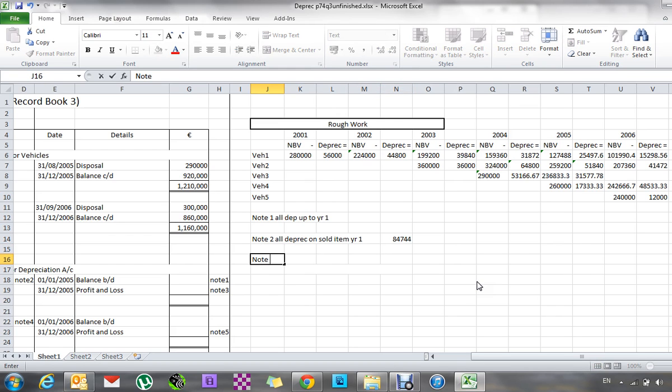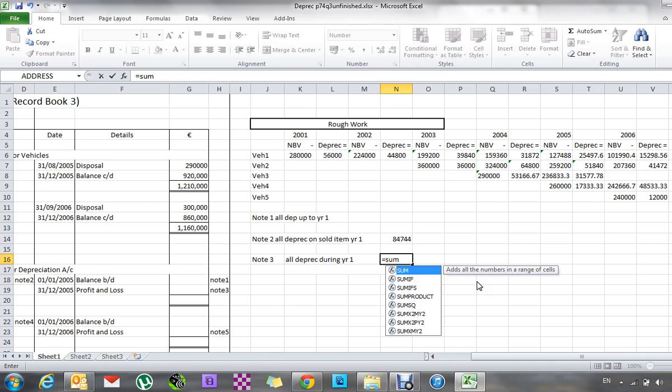So note 3 then is all during year 1. So I'm just looking at the year 2005, and I'm just going to basically add up all those numbers there. So it equals sum, all of that number down to that number.